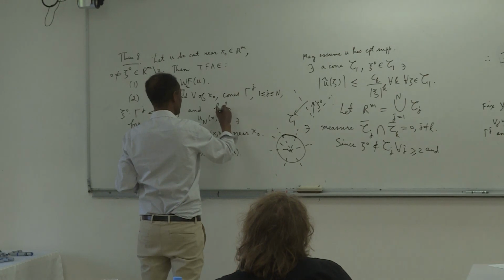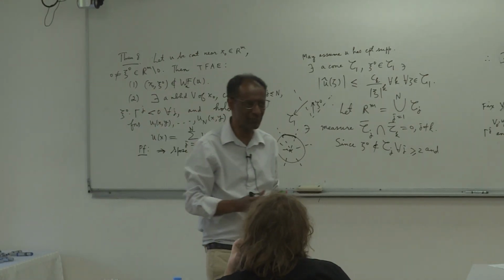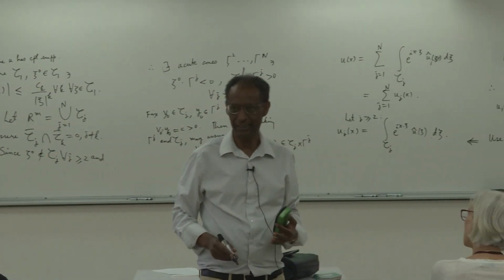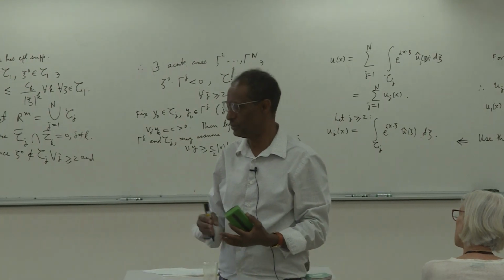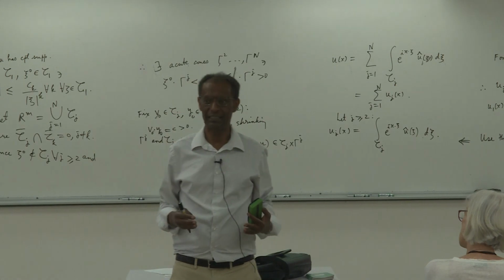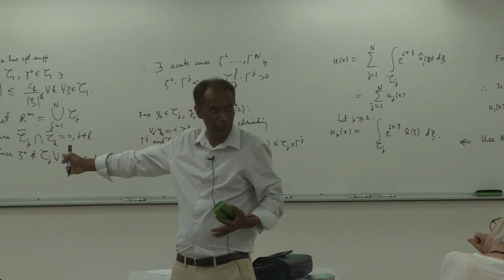You see how parallel the theory is, for analytic wavefront set and C-infinity wavefront set. You see, in the definition we use the usual Fourier transform for C-infinity wavefront set and the FBI for the analytic wavefront. But in this characterization, we are using the same kind of language.